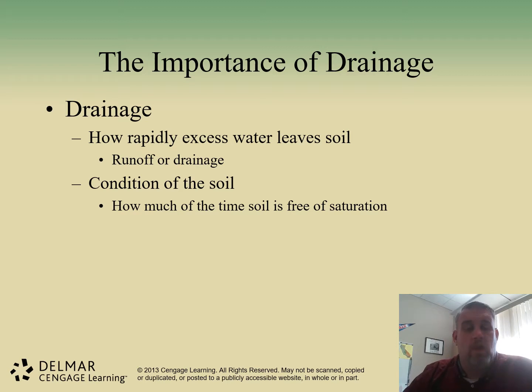So what is drainage? It's how rapidly extra water leaves the soil. In previous chapters, we've talked about clay soils versus sandy soils. So drainage becomes important when we're discussing those different types of soils. Obviously, those clay soils drain a lot slower than a sandy soil.